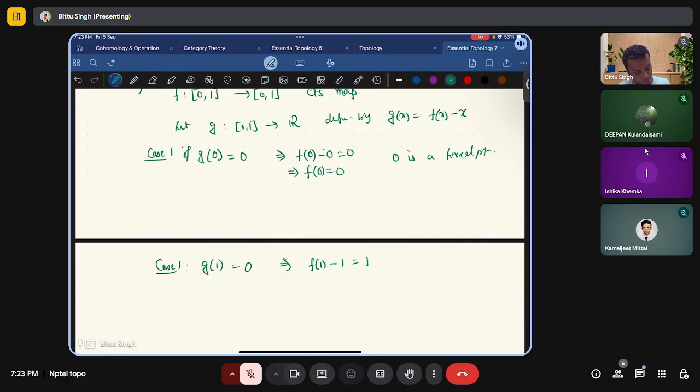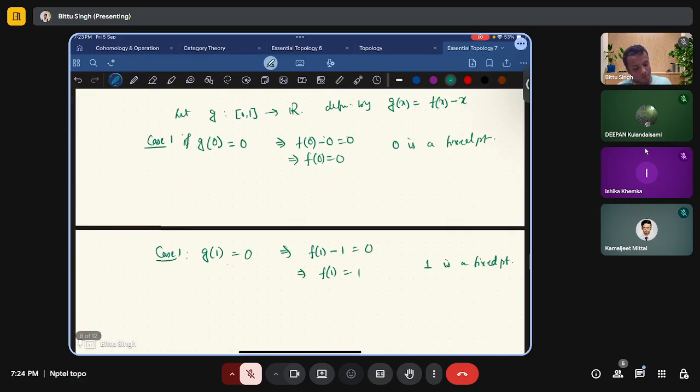If we assume g(1) equal to 0, then we get f(1) minus 1 equal to 0, then f(1) equal to 1. So in this case, 1 is a fixed point for the function f.